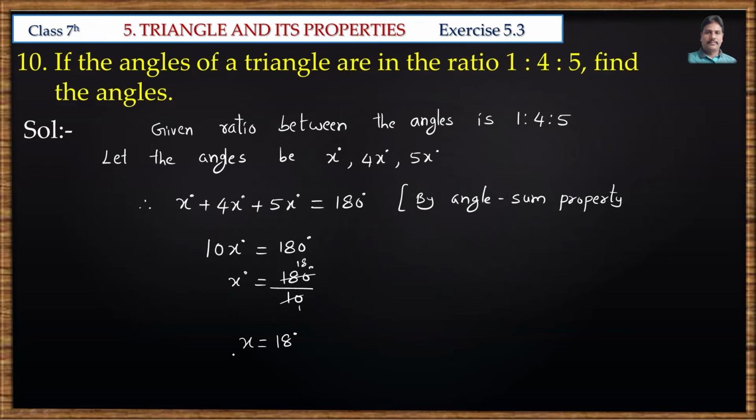So if x is 18 degrees, then 4x is equal to 4 into 18, 18 fours are 72 degrees, and 5x is equal to 5 into 18, it will be 90 degrees.